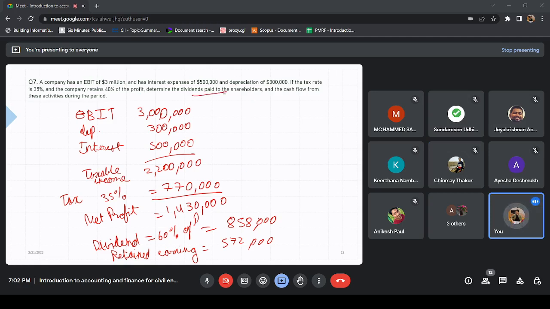What about the cash flow? So cash flow, you can say that there is some cash incoming. We are not talking about cash outgoing, right? Net incoming in terms of cash, and out of this you have retained some, and you have paid as dividend.